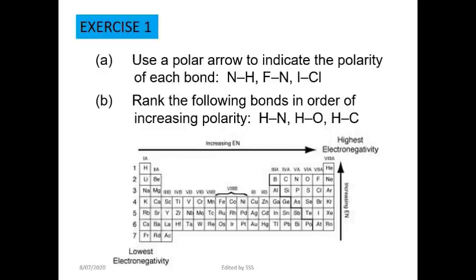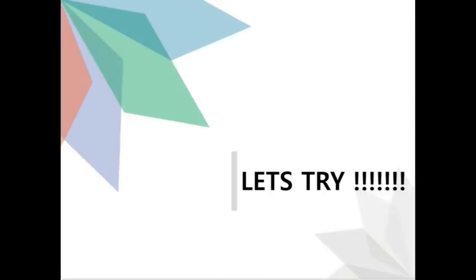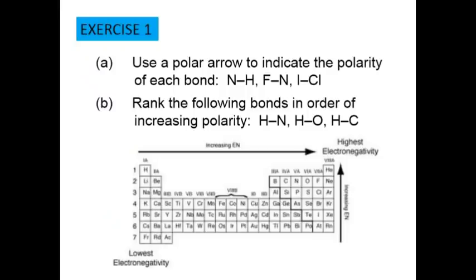Okay, we have exercise 1. Use a polar arrow to indicate the polarity of each bond. And the second one is rank the following bonds in order of increasing polarity. Okay, the first answer is between nitrogen and hydrogen.